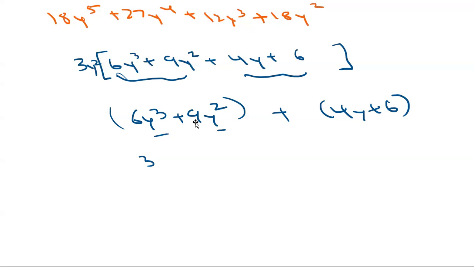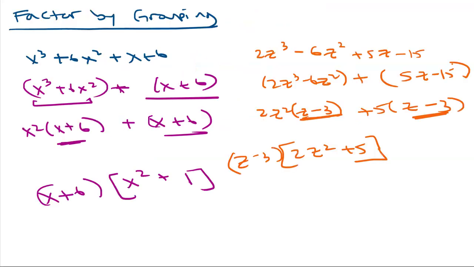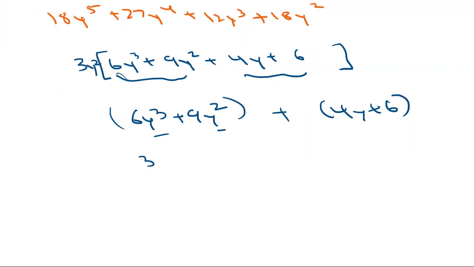Good. Y squared. Yes. Remember, it's always the lowest term, the one with the lowest variable power. So we have y squared. Okay. So that means then I'll have 2y left over plus 3. Okay. We can double check.